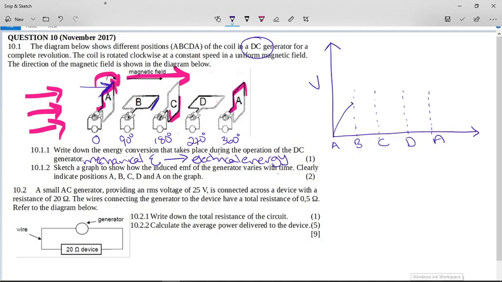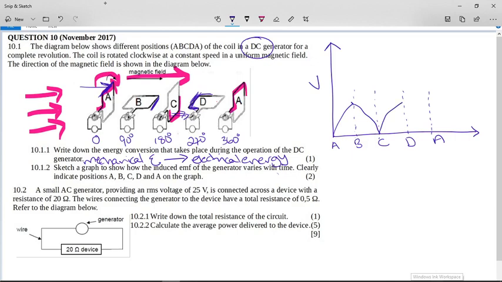And then as it turns back to position C, can you see it is once again parallel with the field lines? It's not cutting them. So voltage is at a minimum. As it comes up to position D over here, it's once again flat, and it's perpendicular, not parallel, to the field line, so it's cutting as many as possible.